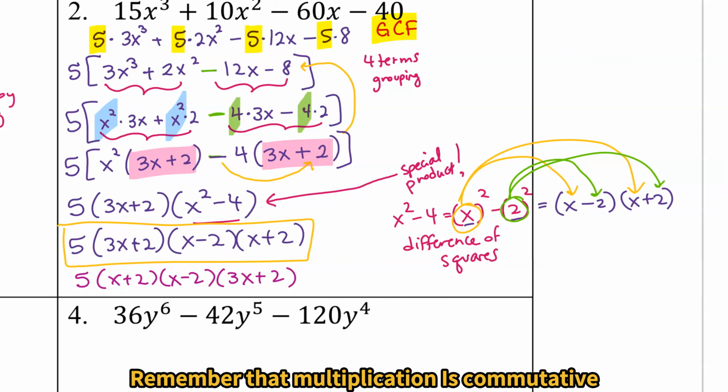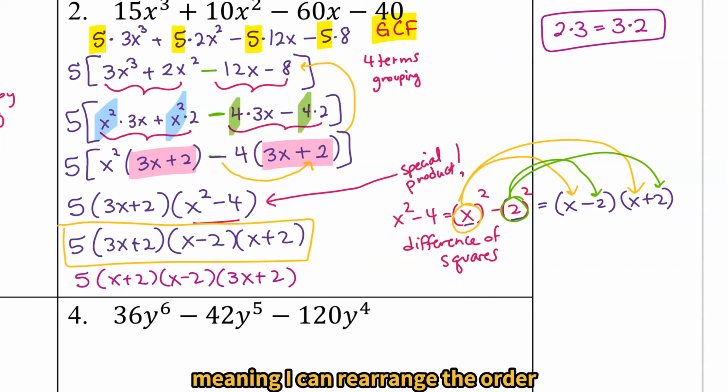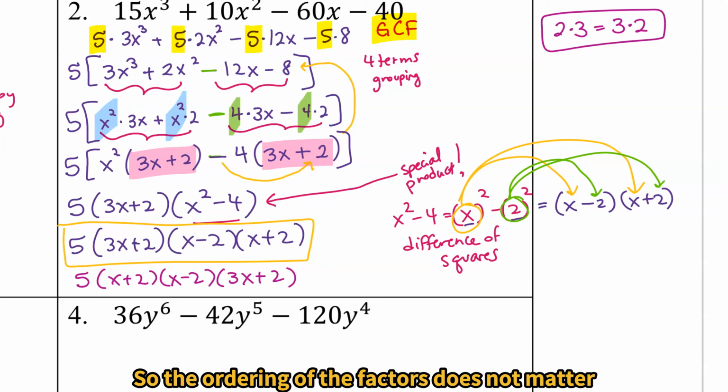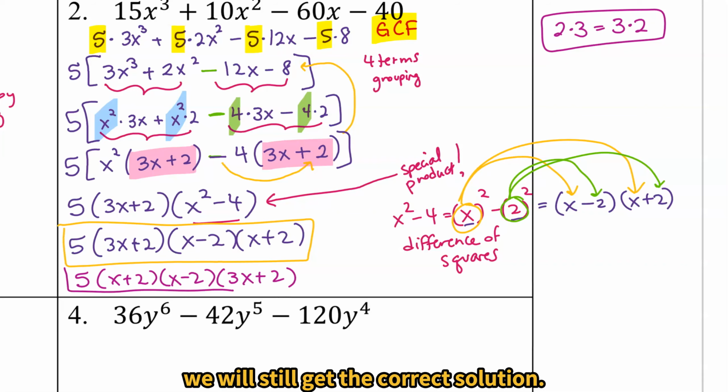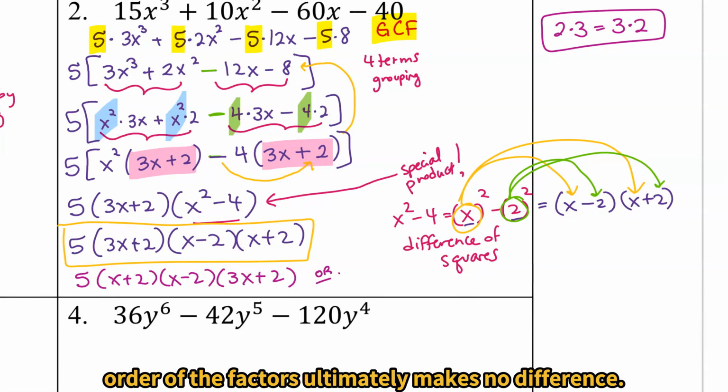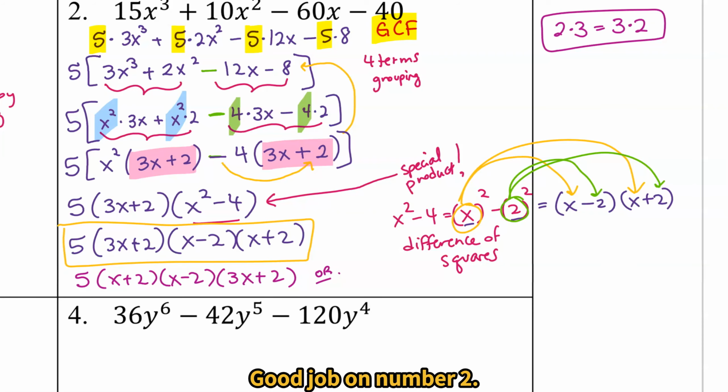Remember that multiplication is commutative, meaning I can rearrange the order and I still get the same result. So the ordering of the factors does not matter in our final answer. We will still get the correct solution. So just keep that in mind. Order of the factors ultimately makes no difference. Good job on number 2.